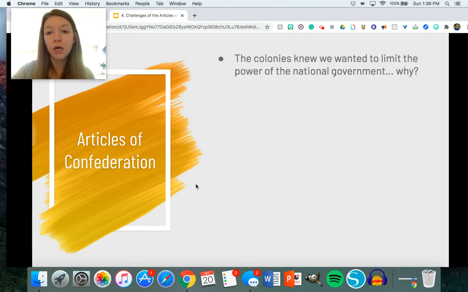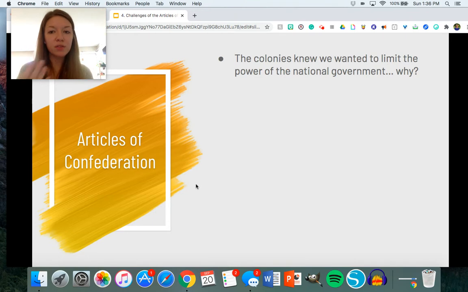Now remember, the colonies knew that they wanted to limit the power of the national government. Let's talk about why. After we're struggling with the British government, being taxed without our consent, our natural rights are being violated, and we feel as though the British Crown has violated that social contract.